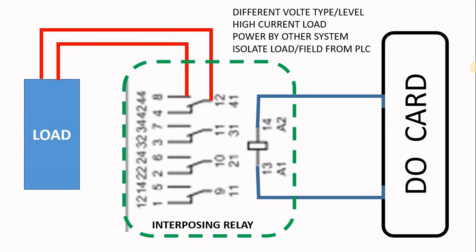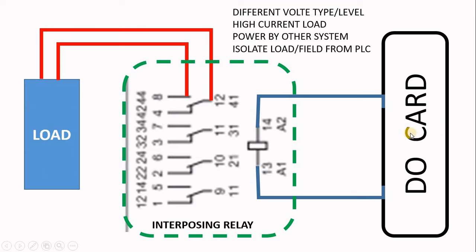Now, if you look at your digital output card, it will go into the interposing relay coil. Why do you need an interposing relay? If your card has a DC output, but your load needs AC, it's a different voltage type or level.